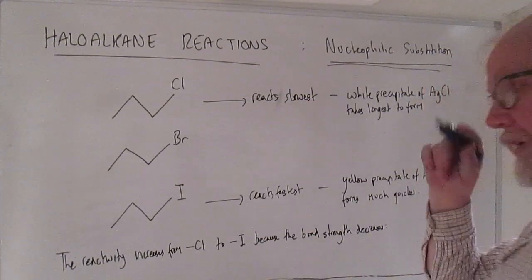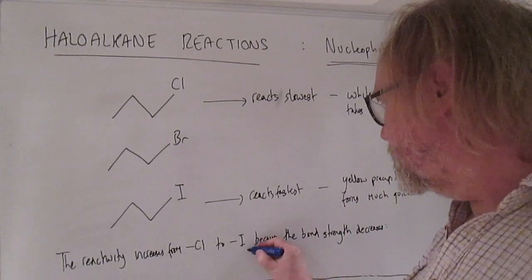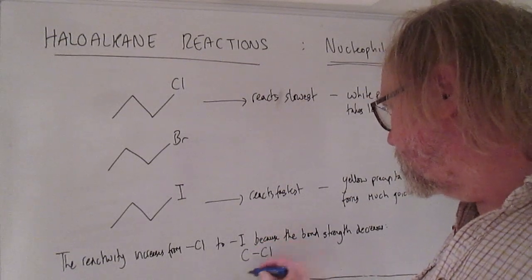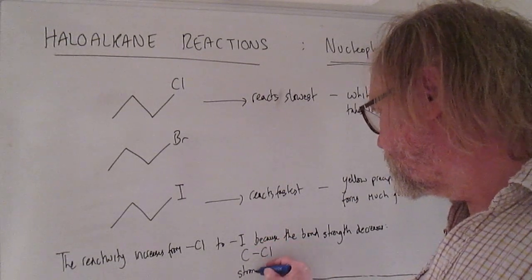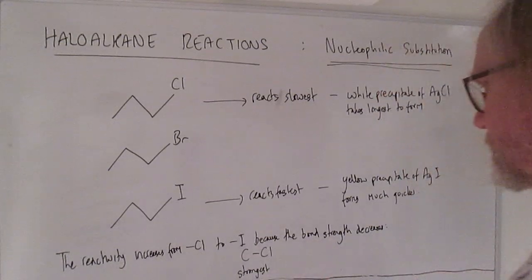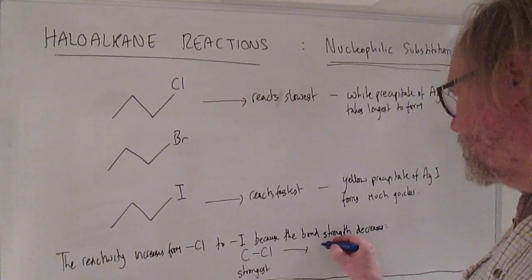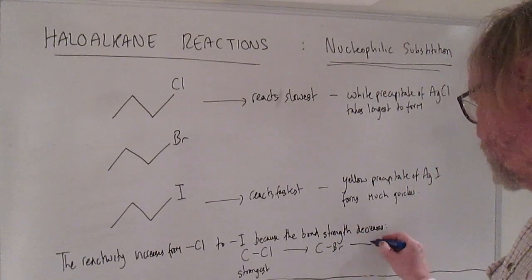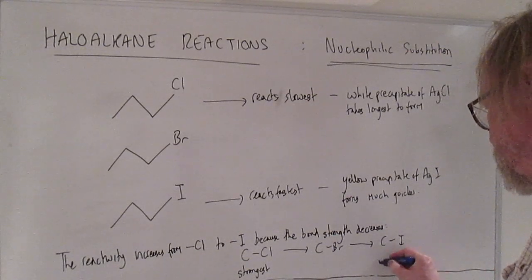So in other words, if we put those carbon to halogen bonds in order, the C-Cl bond is the strongest and therefore the hardest to break, and then C-Br, and then C-I is the weakest.